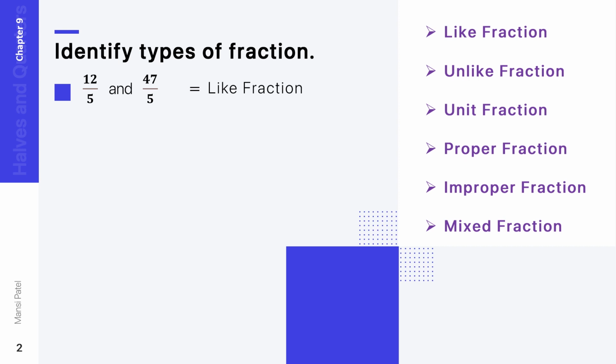Another one, 12 upon 5 and 47 upon 7. See here again the denominator. Are the denominators same? No, the denominators are not same. When the denominators are not same, that fraction is known as unlike fraction.